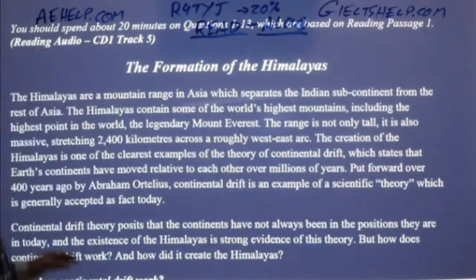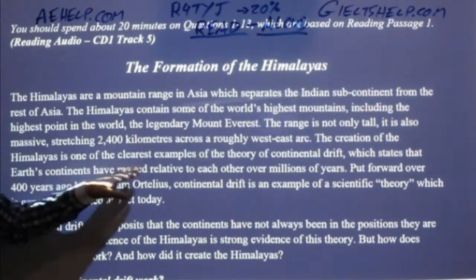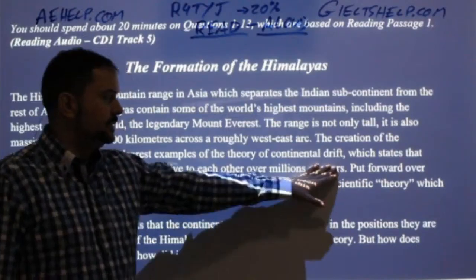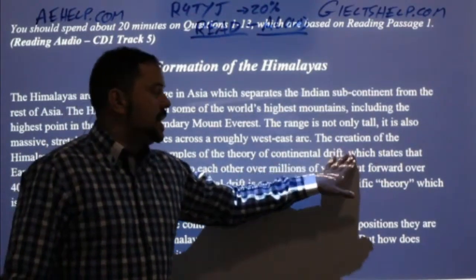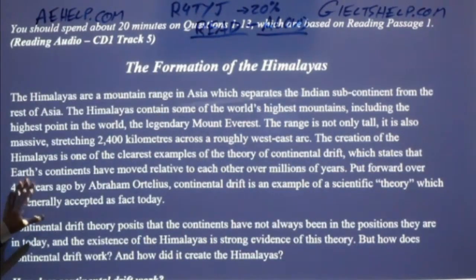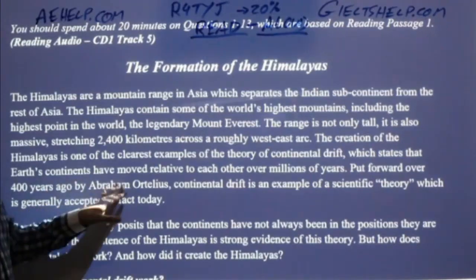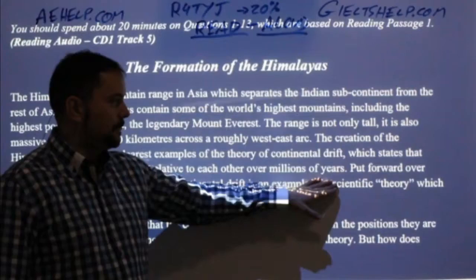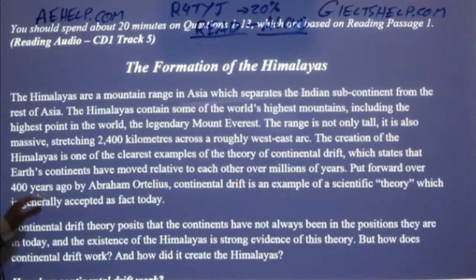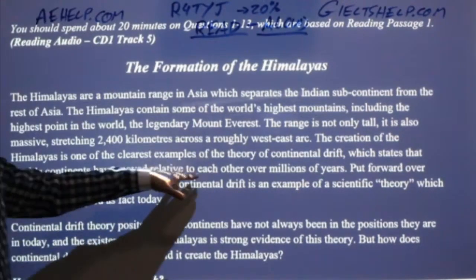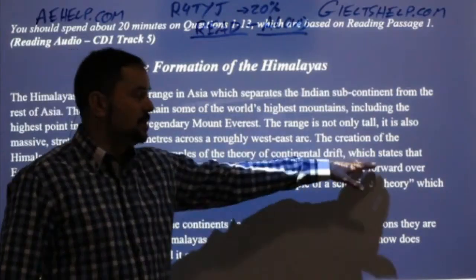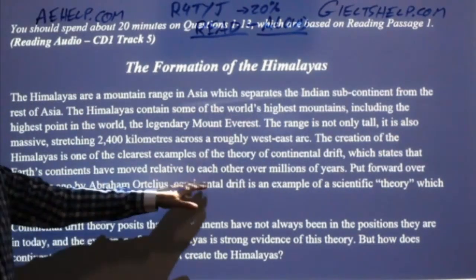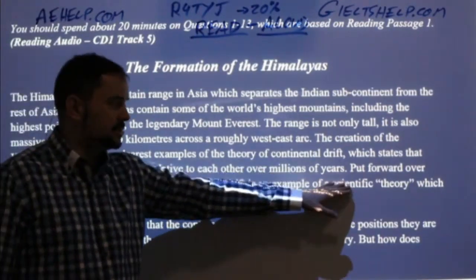Now here we go. The creation of the Himalayas is one of the clearest examples of the theory of continental drift, which states that Earth's continents have moved relative to each other over millions of years.